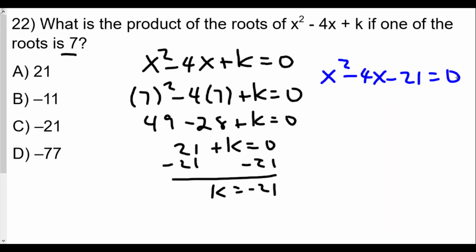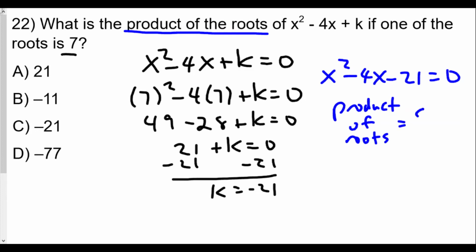So we're looking for the product of the roots. Now, our formula for product of the roots is going to be c over a, the constant over the leading coefficient. Here, our c value is negative 21 over 1, so our answer is negative 21. It just happens to be the same value as k.